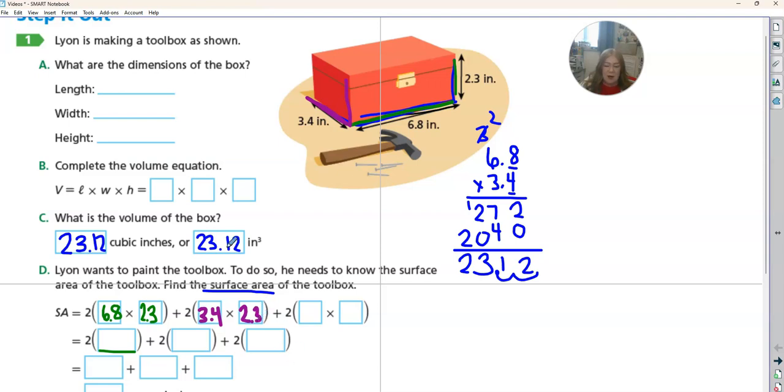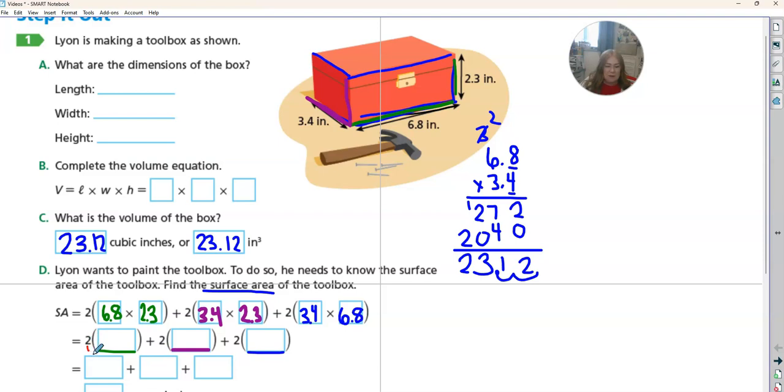And then we have the top and the bottom, so it goes back 3.4, and the length of it is 6.8. So we've got to multiply all the different ones together to find that surface area. So 3.4 times 6.8 we're going to put there. 3.4 times 2.3 we'll put here. And 6.8 times 2.3 we put here.